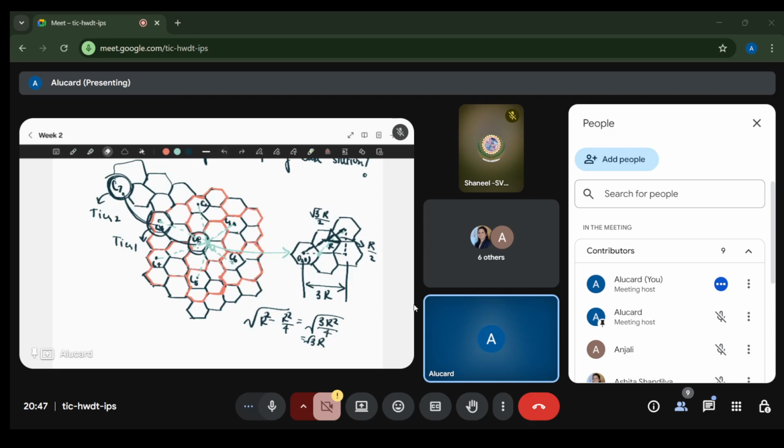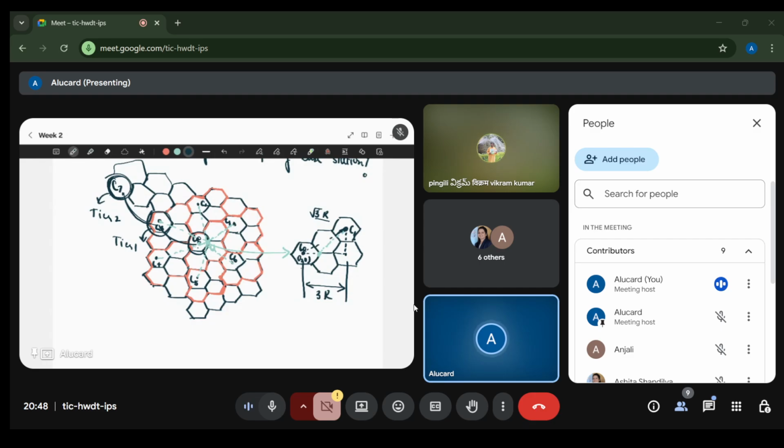I'm trying to write the coordinates of that point. We don't need this part. So trying to write the xy coordinate of this point, which is C1. This point is C0. So x is 3R.